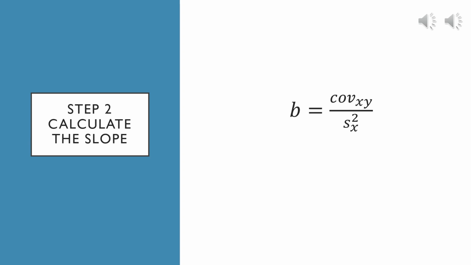So the slope is equal to the covariance that we just found divided by the variance of cups of coffee, the variance of our x variable. Remember that variance is just standard deviation squared, right? So go ahead and do that and let me know, what value did you get for the slope?